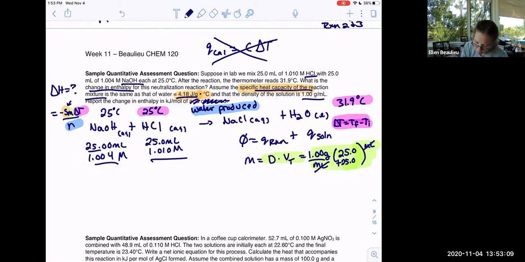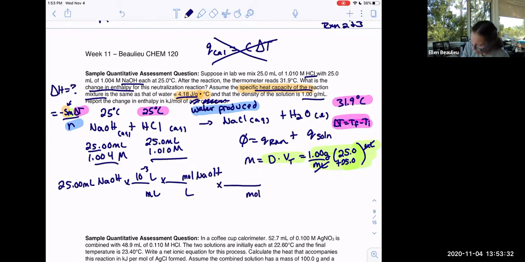So I can dig my tunnel starting with that 25 mils of sodium hydroxide. I'm going to get out of mils and into liters so that I can get out of liters and into moles.